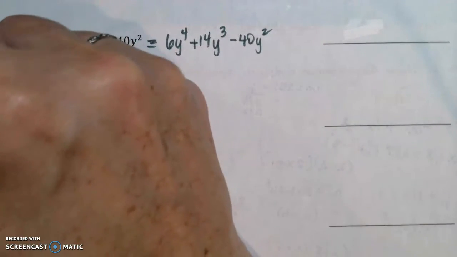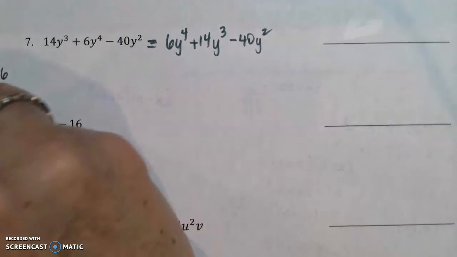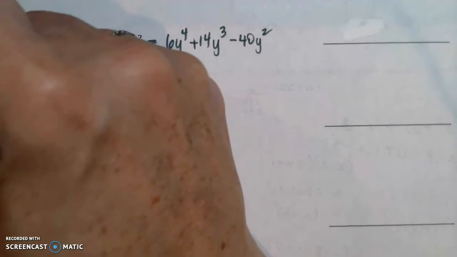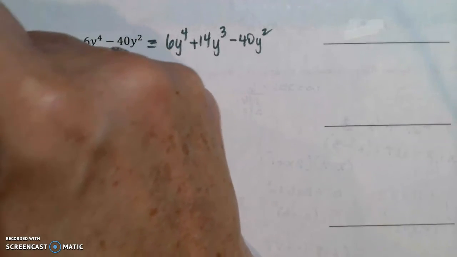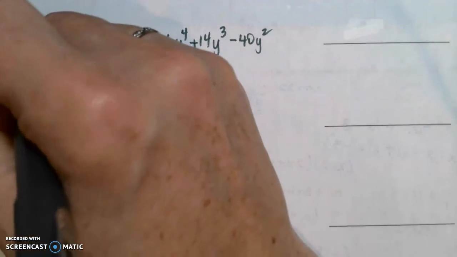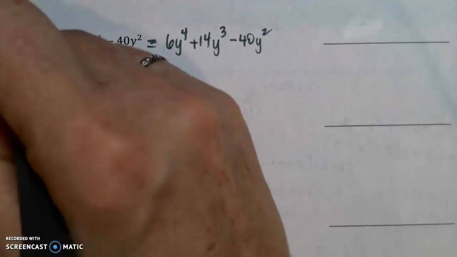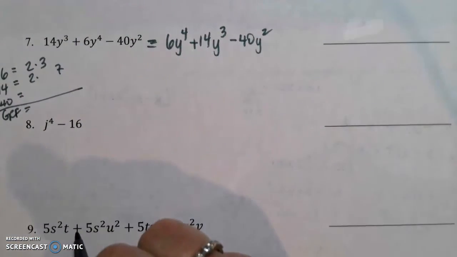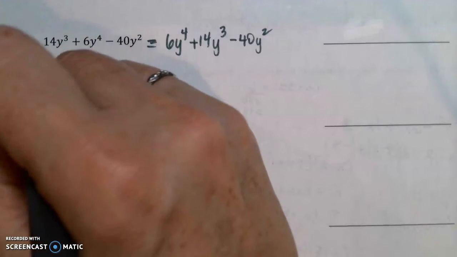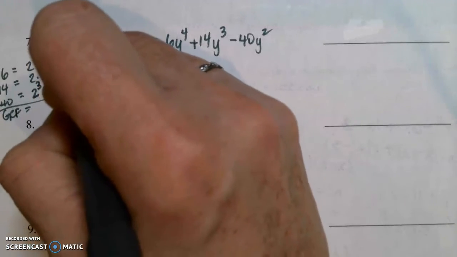You can always go over here and think about 6, 14, and 40 as far as what their GCF would be. So 6 is 2 times 3, 14 is 2 times 7, and 40 is 2 cubed times 5.